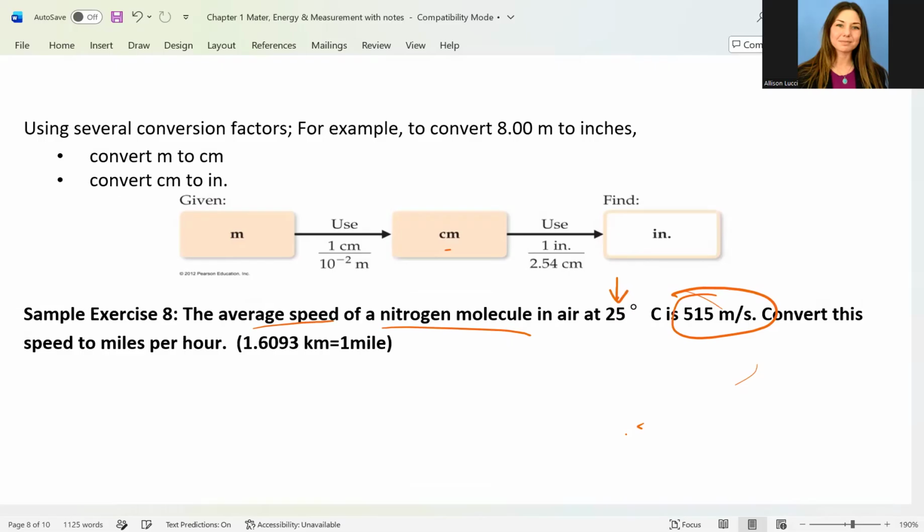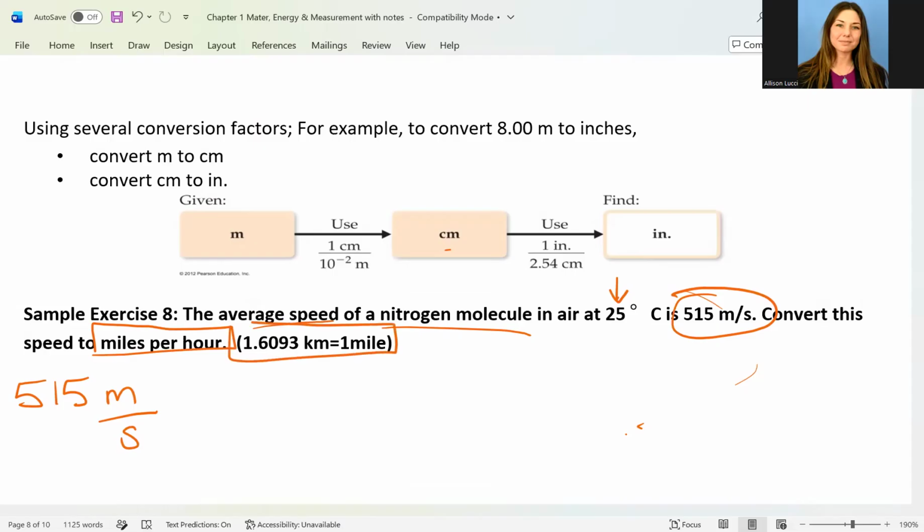We're given a temperature here, but again, just for reference. And we want to convert this speed to another unit, a derived unit of miles per hour. So we still do the same steps as we saw before when we're converting a single unit. Now we're going to convert both the numerator and the denominator.